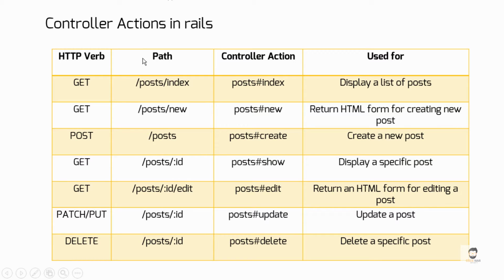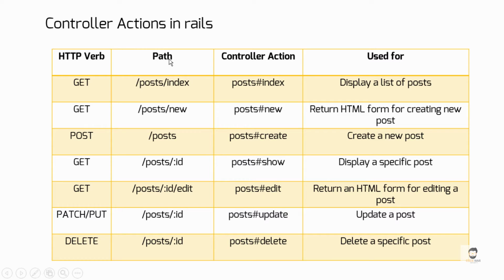These are the 7 standard controller actions in Ruby on Rails, along with get and post, and we'll talk about them right now. The HTTP verb: Ruby on Rails has RESTful web services, which are used for communication, and these are the HTTP verbs: get, post, patch, delete.